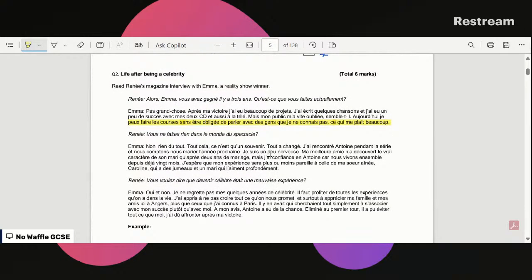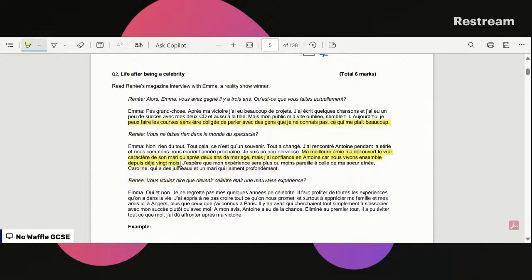Well, je suis un peu nerveuse. Ma meilleure amie, my best friend, n'a découvert, has not discovered le vrai caractère de son mari qu'après 2 ans de mariage. So what she's saying is her best friend only got to know what her husband was like after 2 years.